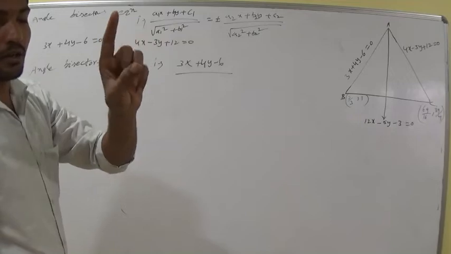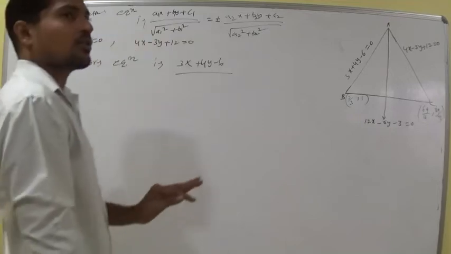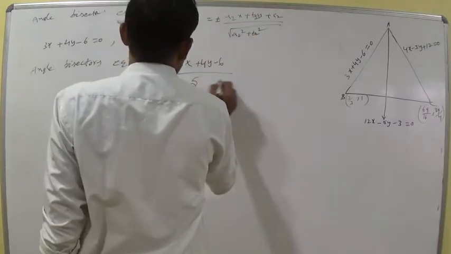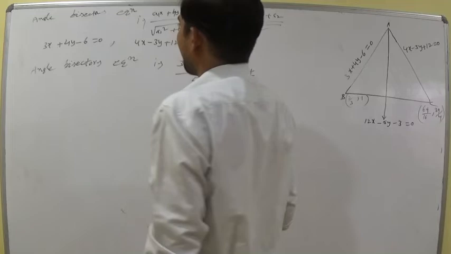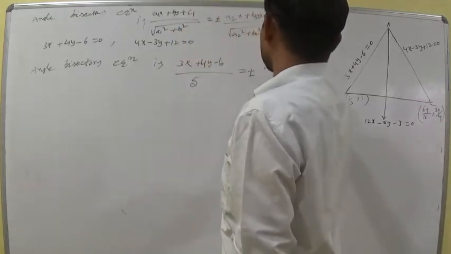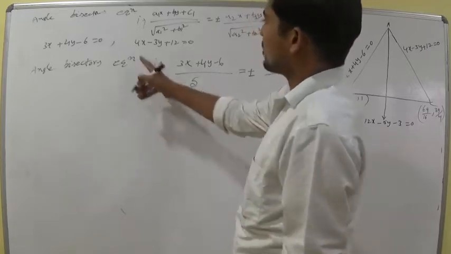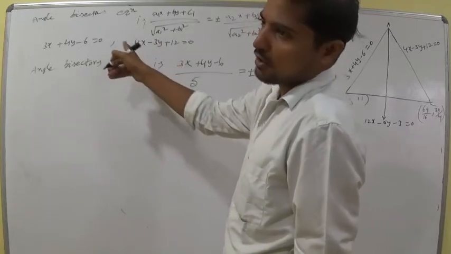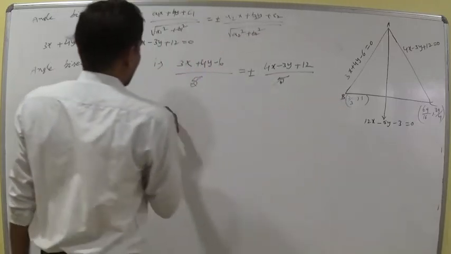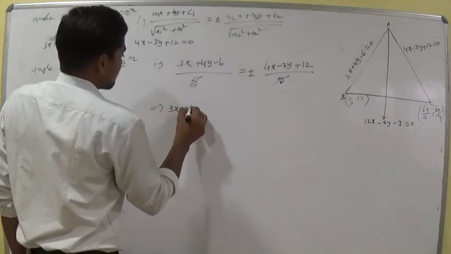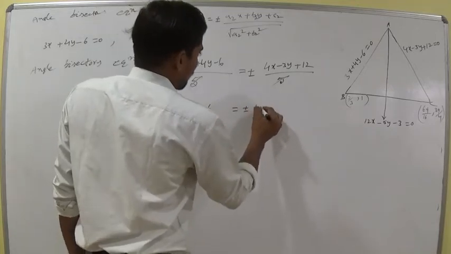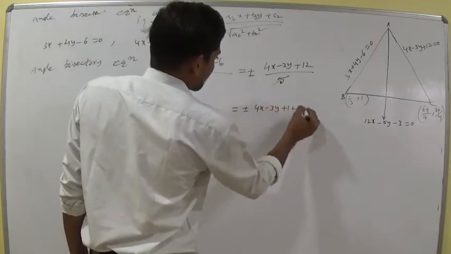Square root of 9 plus 16 is 25, so square root of 25 is 5. I am writing here directly, equal to plus or minus 4x minus 3y plus 12 by square root of 16 plus 9, square root of 25, which becomes 5. Then that implies 3x plus 4y minus 6 equal to plus or minus 4x minus 3y plus 12.